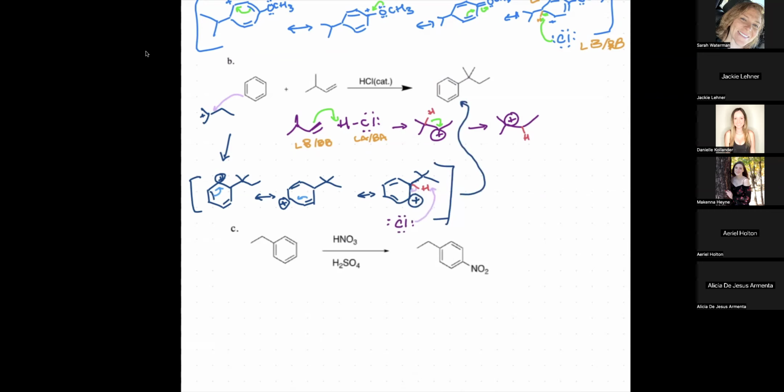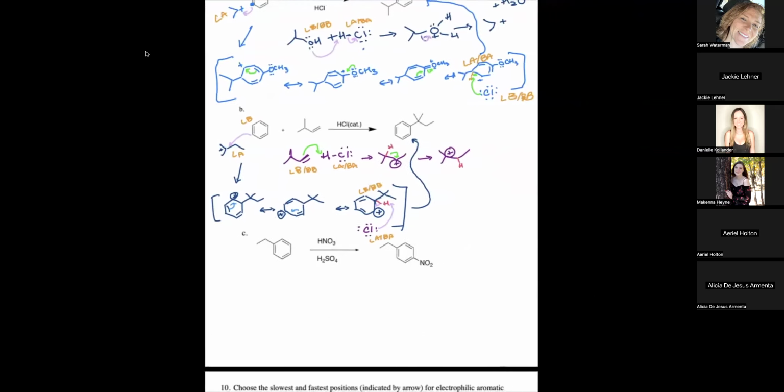And then if we go through and we do Lewis base, Lewis acid accepts electrons, and then we have our Lewis acid, Brønsted acid, Lewis base, Brønsted base, right? Because a hydrogen is involved.